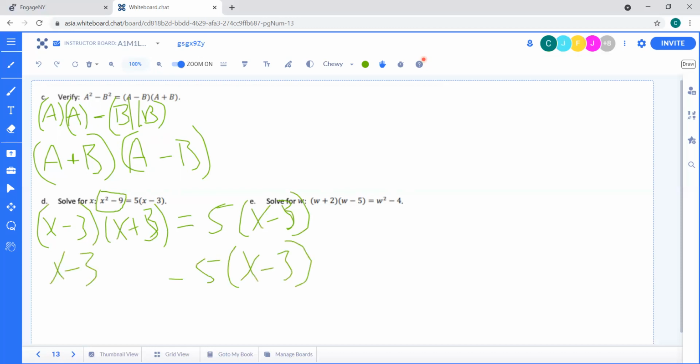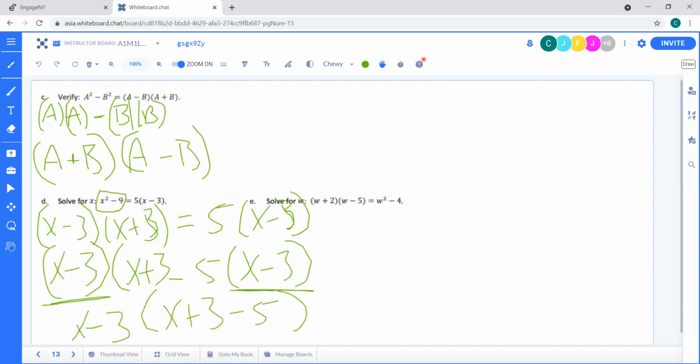And x minus 3, x plus 3. And we have two common terms, x minus 3, so that's going to be x minus 3 times x plus 3 minus 5 equals 0.